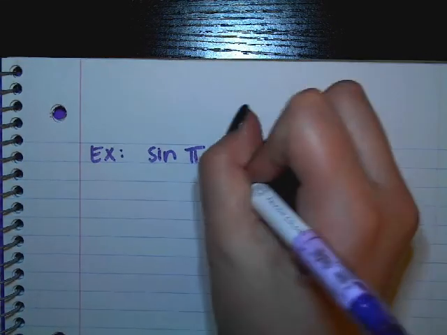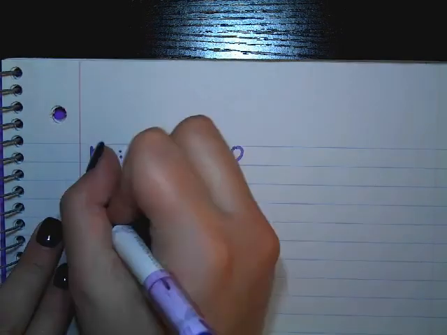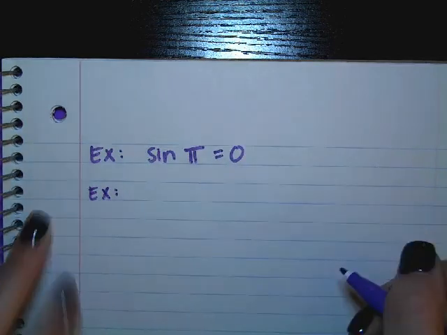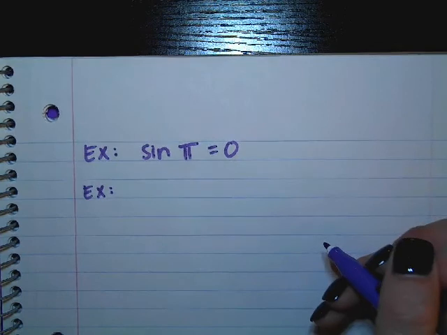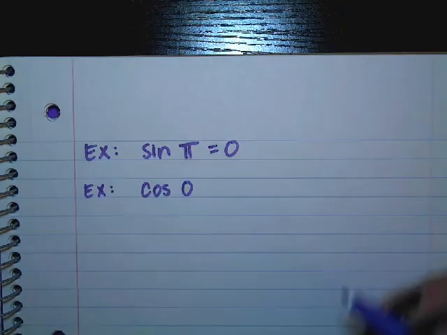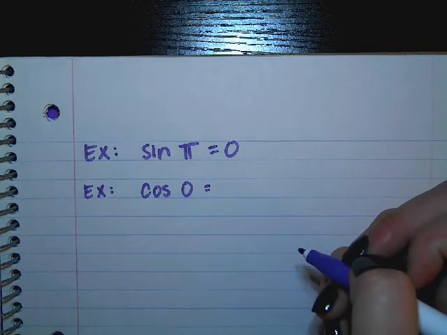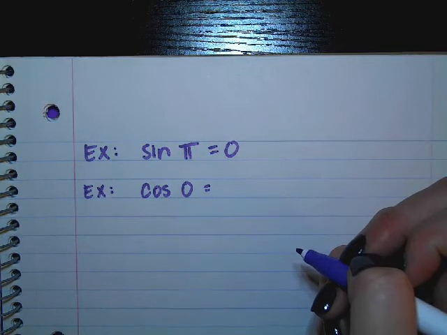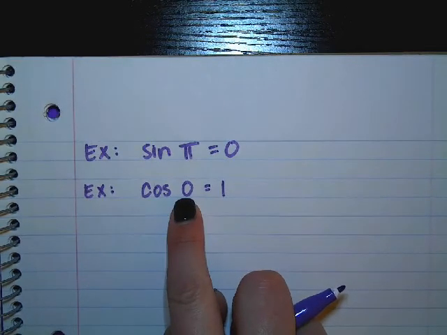Sine of pi. It is 0. Cos of 0. It's 1. Can anyone tell me if this angle is in radians or degrees?